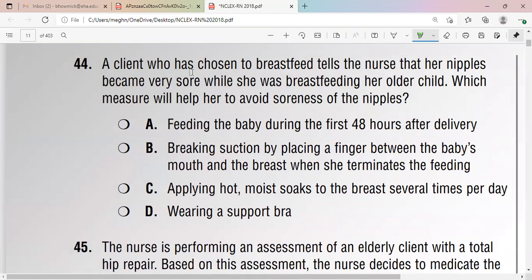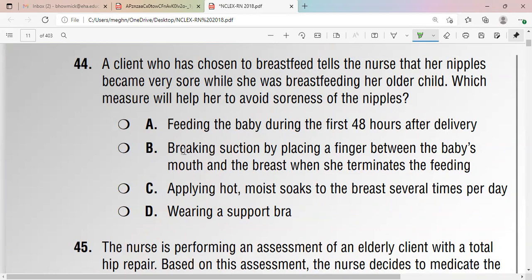A client who has chosen to breastfeed tells the nurse that her nipples became very sore while she was breastfeeding her older child. Which measure will help her to avoid soreness of the nipple? Number A, feeding the baby during the first 48 hours after delivery.